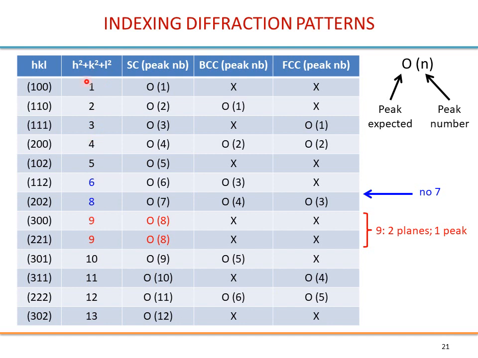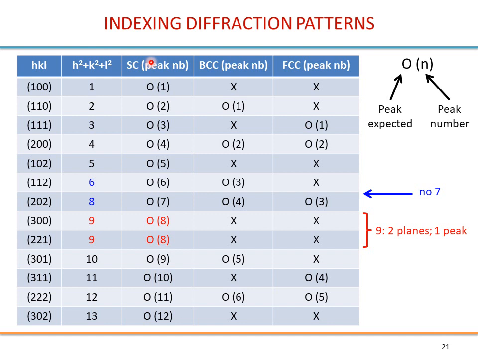You see that 7 is missing here, and we have two opportunities for 9. So these two planes will produce the same peak. Your peak will be a superposition of the diffraction of this plane and this plane. Two planes, one peak.